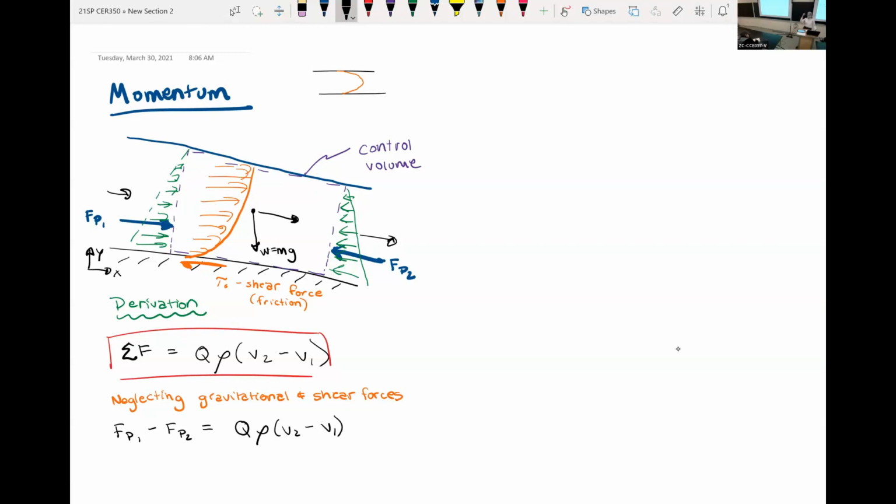I'm asking y'all to go pretty far back here. Who remembers? How do we calculate pressure force? Pressure times area, right? So we'll have P1A1 minus P2A2 equals Q rho V2 minus V1.